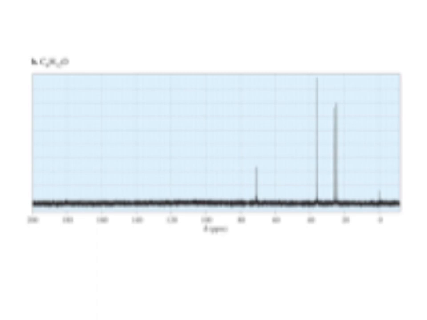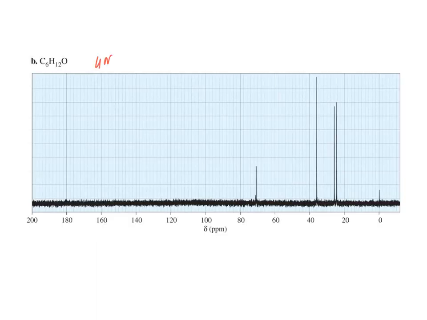All right, what about this structure? C6H12O. This gives us 1 site of unsaturation. Again, we have a carbon bound to oxygen, and then we have some that are just alkyl groups.